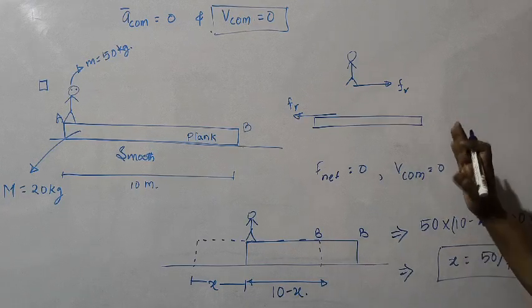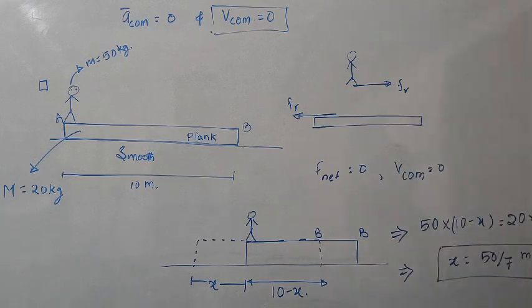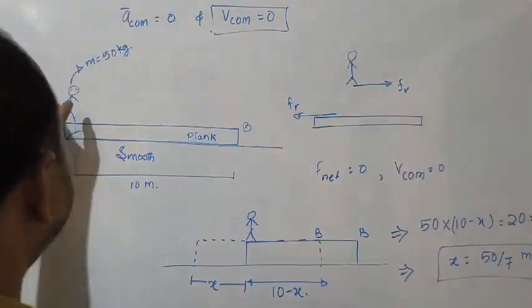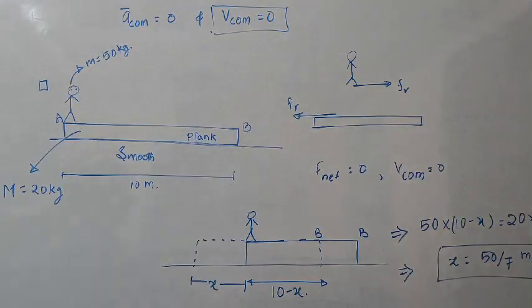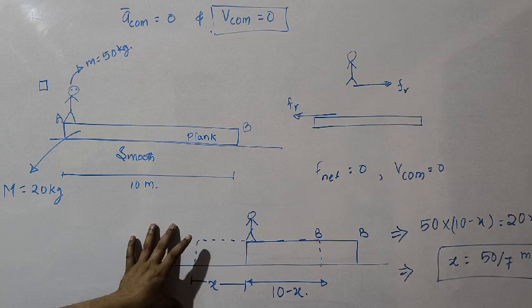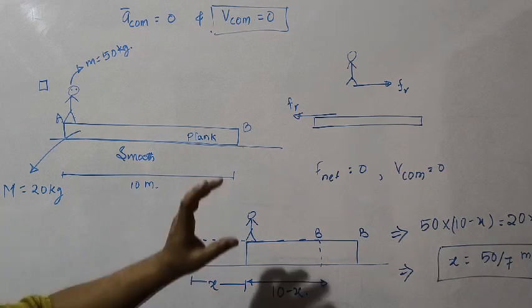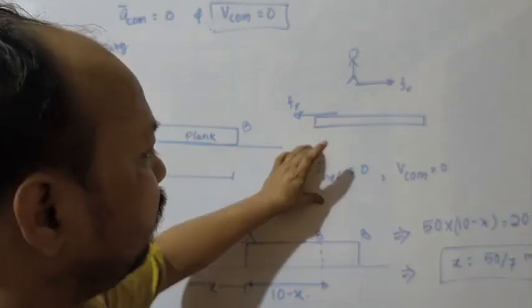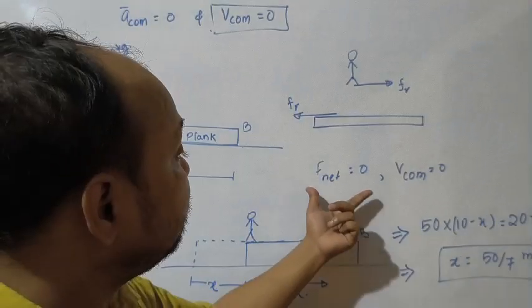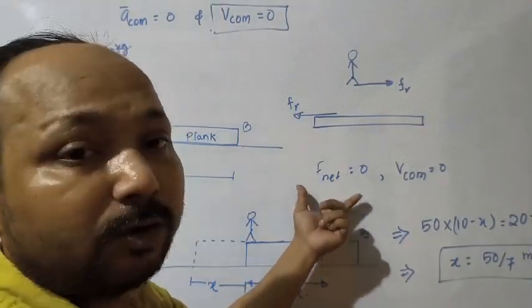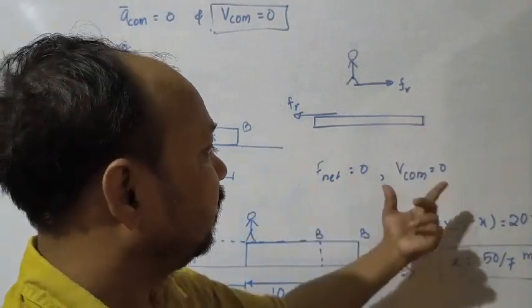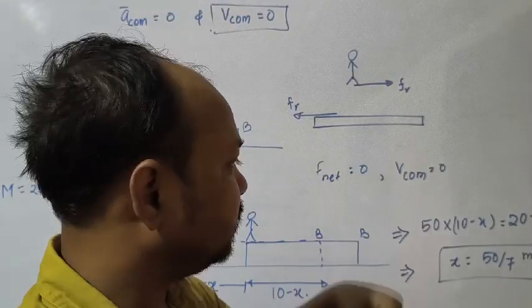So this was the basic example, when a plank is given and a man is moving. What we have seen in this example: first, find out whether the net force is 0, and in which direction it is 0, that is also our concern. Second, is the VCM 0? Yes.